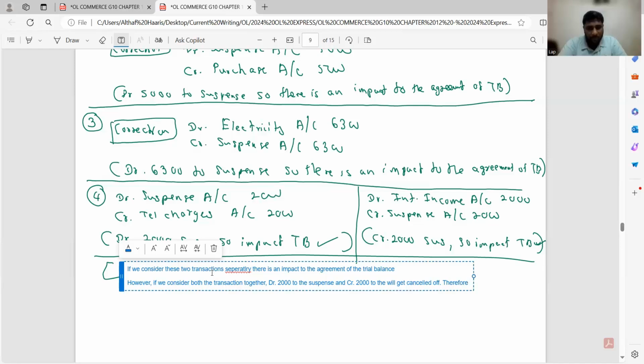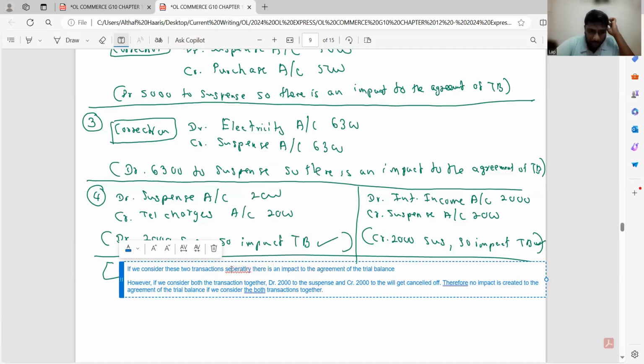Therefore, no impact is created to the agreement of the trial balance if we consider both transactions together.